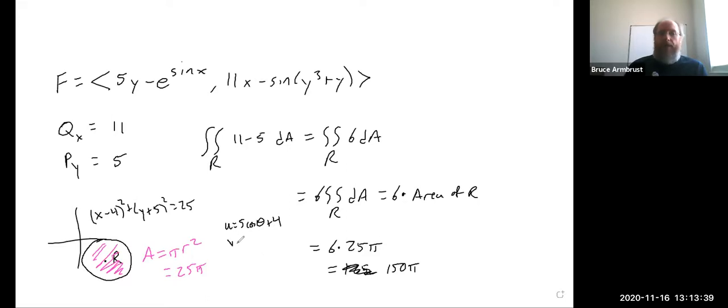And then let v equal 5 sine theta minus 5. So the 5 cosine and the 5 sine should make sense because it's a radius 5 circle. And then the +4 and the -5 just make it so that when you plug those things in, they cancel that shift, right? That deals with the transformation.